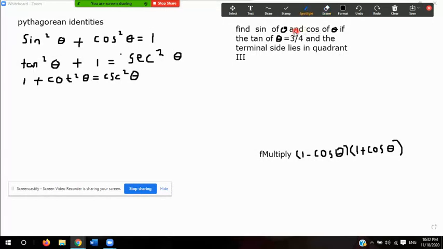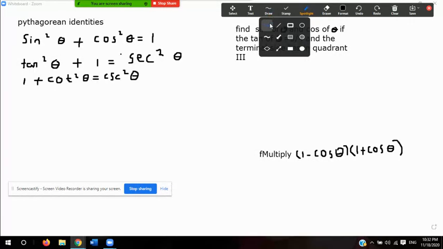The problem says, find the sine of theta and the cosine of theta if the tangent of theta is 3/4 and the terminal side of the angle lies in quadrant 3. So what do we have?